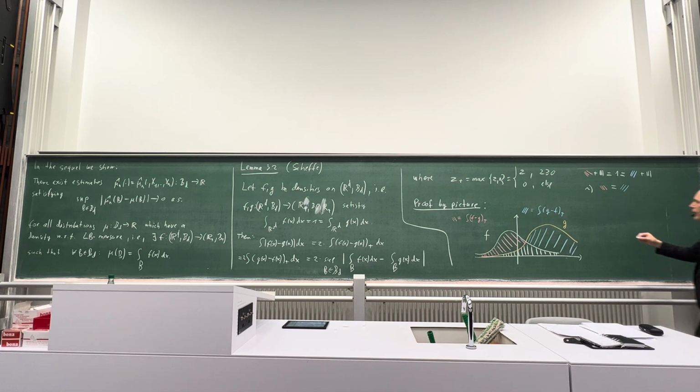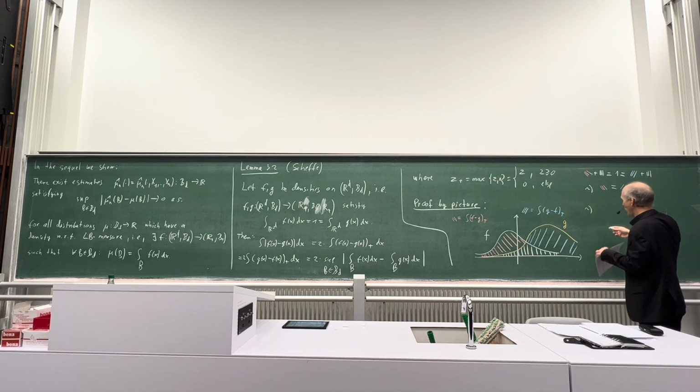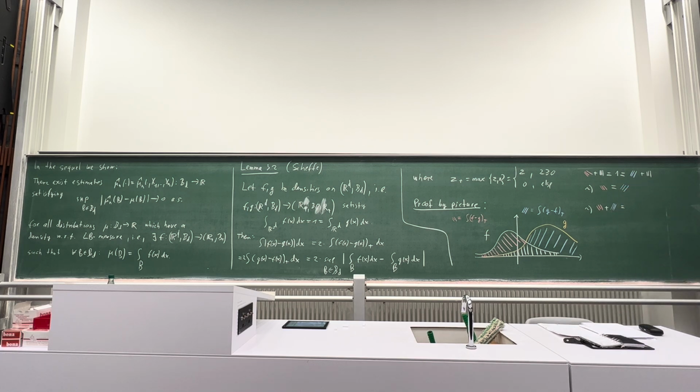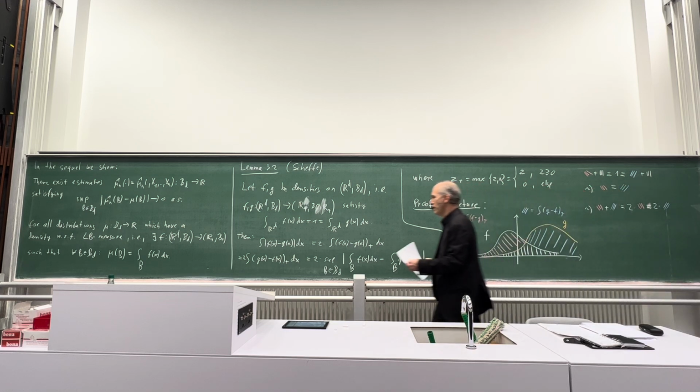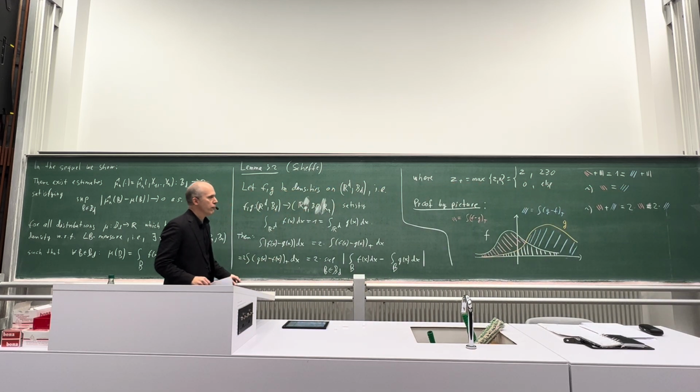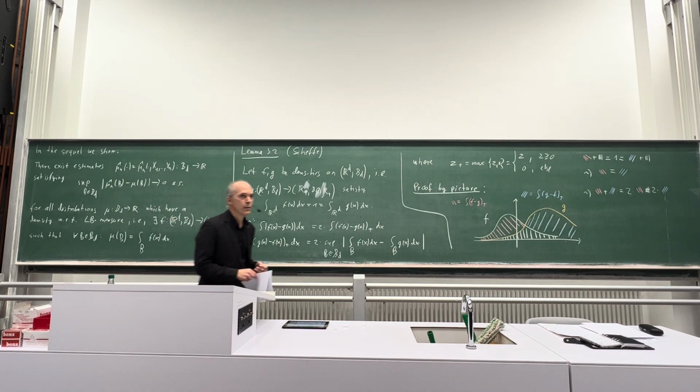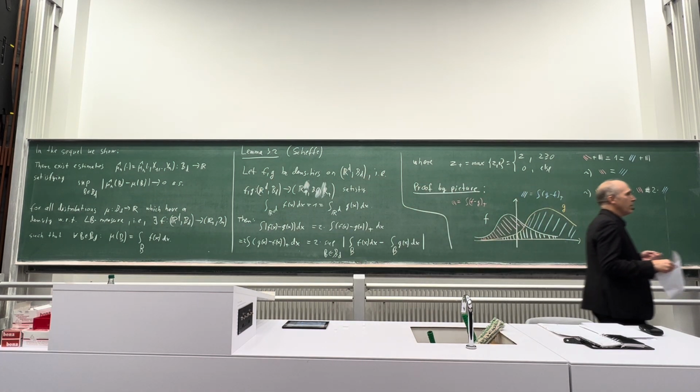And this implies that our L1 error, which is red plus blue, is the same as 2 times red, and it's also the same as 2 times blue. And this proves the first 2 equality signs of the proof. Okay?